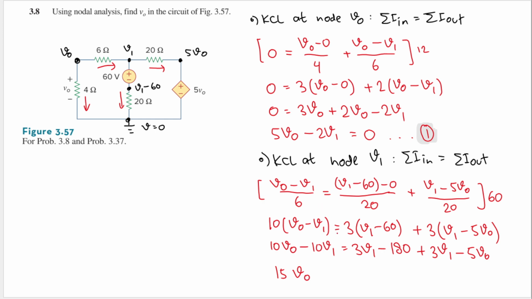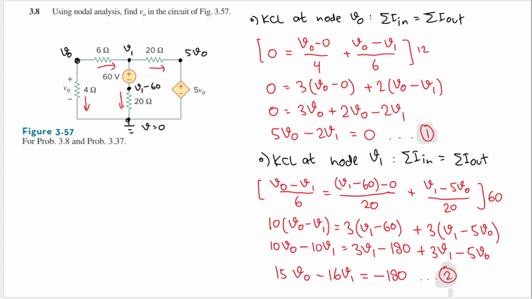And then for V1, minus 10, minus 3, minus 3, that will be minus 16V1. And on the right hand side, I will have minus 180. Let's check: 10 plus 5, yeah. Minus 10, minus 3, minus 3, that will be minus 16. Yeah, I think that's good. So this is the second equation, which is equation 2.